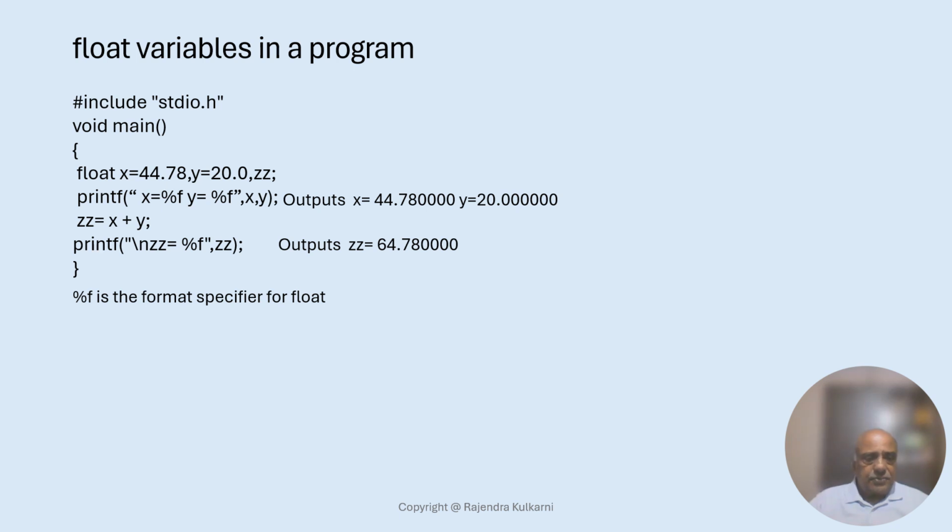Now this printf statement outputs the values of x and y, because we have written x is equal to %f, y is equal to %f within the double quotes, then a comma, then the names of the variables. %f is the format specifier for a float type of constant or variable.